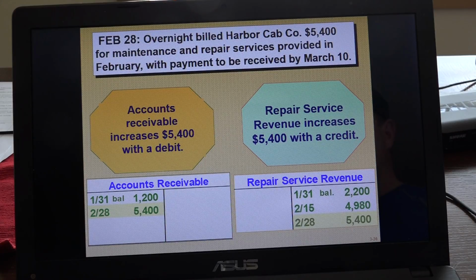Since we provided the repair services in February, we've got to recognize the income in February, not when we receive cash. So it's on account. We book it and debit accounts receivable for $5,400 and credit repair service revenue for $5,400.